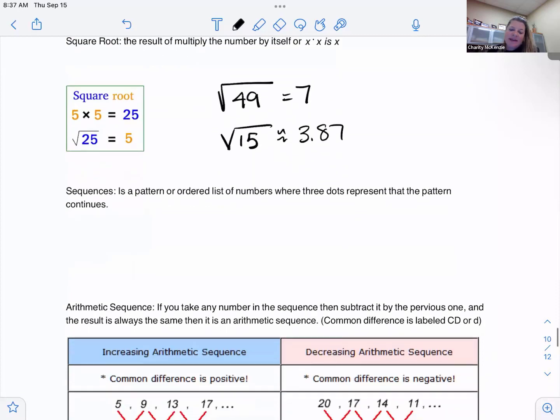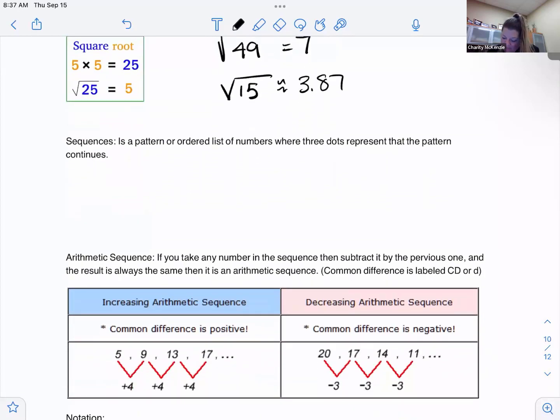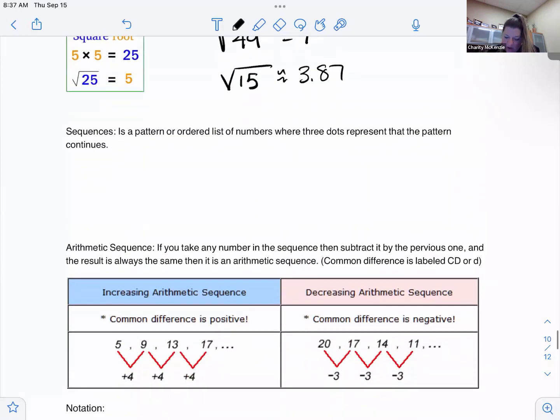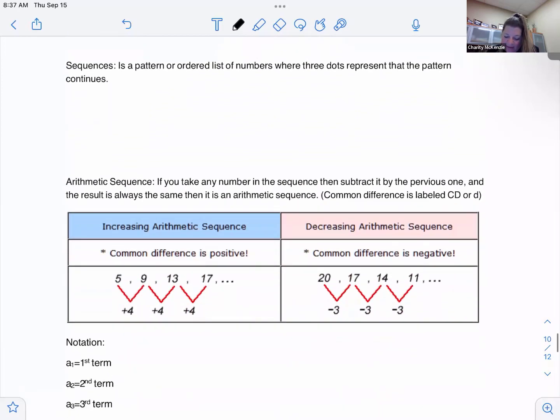Okay, the last major idea for this section is going to be on sequences. A sequence is a pattern or an order of numbers where three dots represents that the pattern just keeps going. So it's all about patterns, and that's what math is. It's patterns, a lot of patterns.